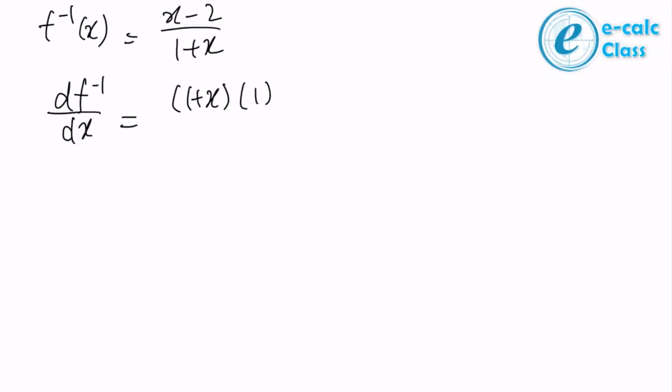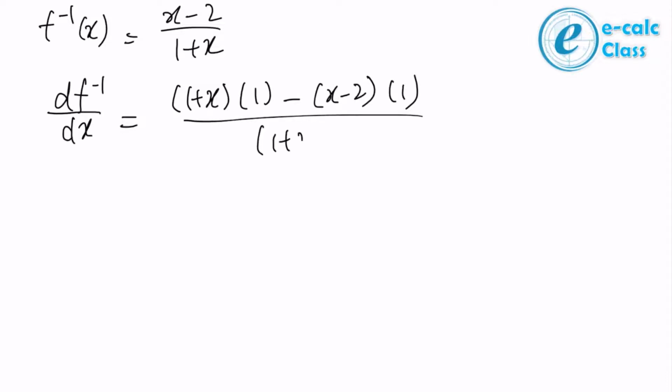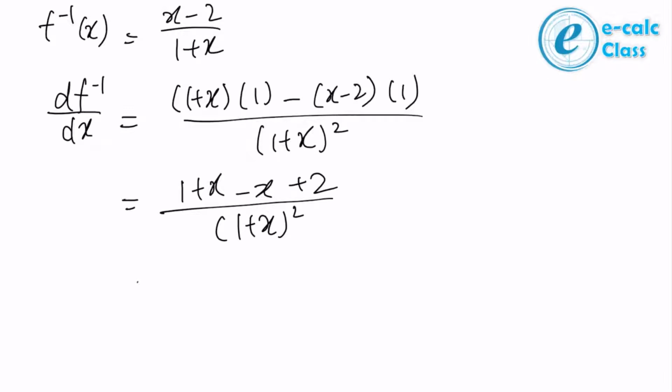Copy, differentiate, over the square. Okay, (1 plus x) minus (x plus 2), over (1 plus x) squared. This and that can cancel. 3 over (1 plus x) squared.